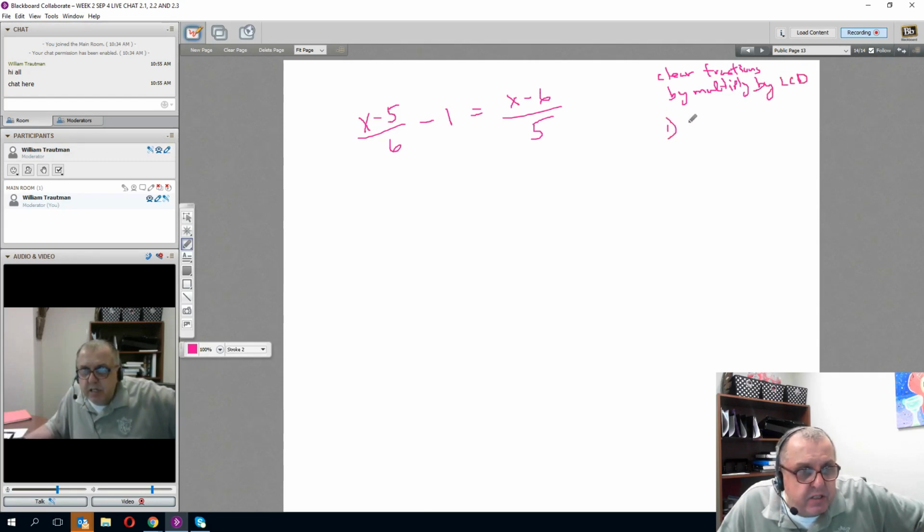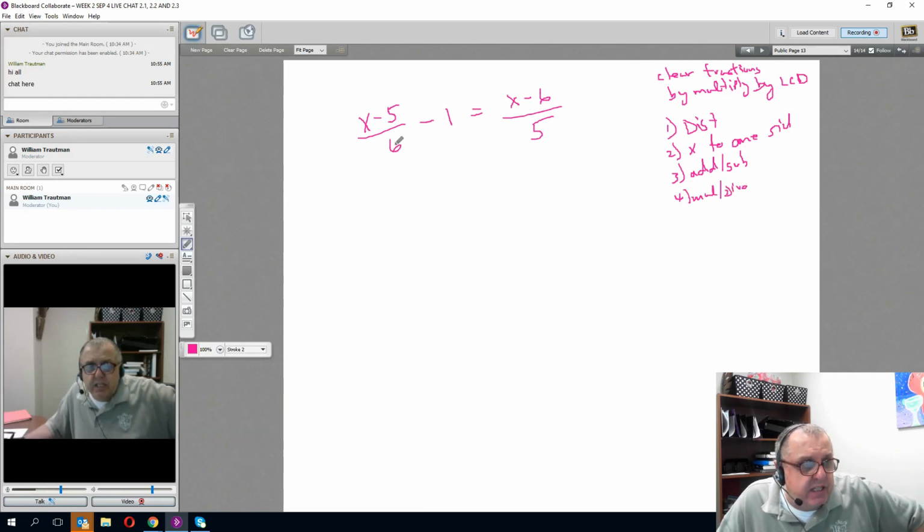And then the regular steps: distribute, x's to one side, add and subtract the x's, and then multiply and divide.